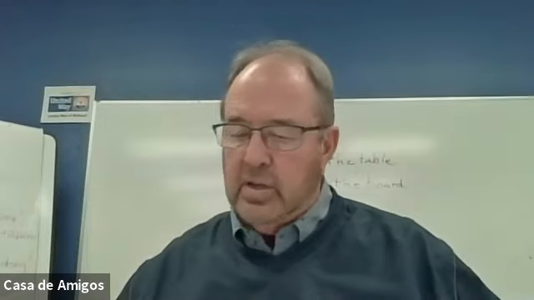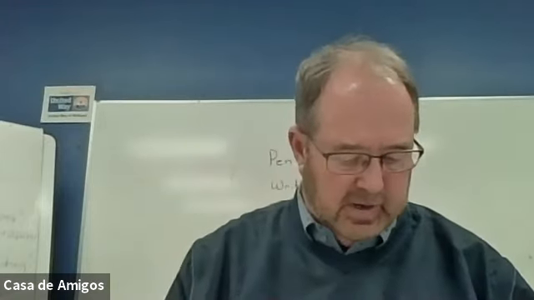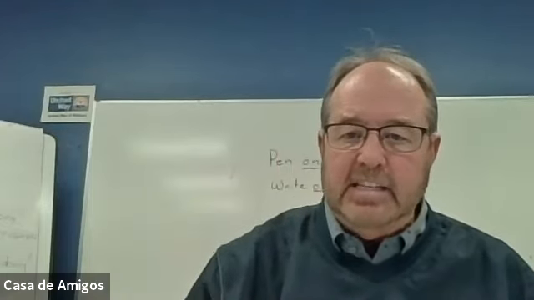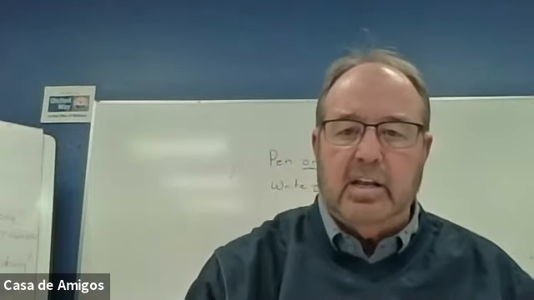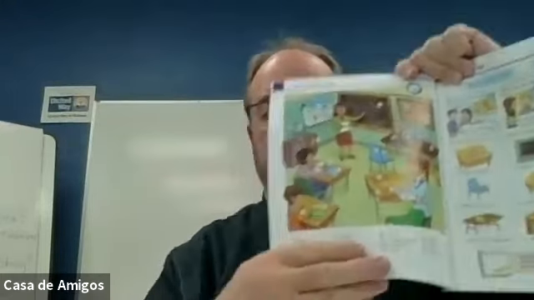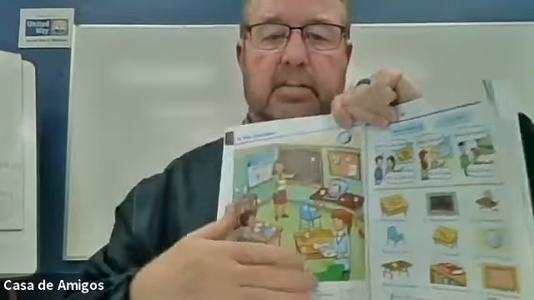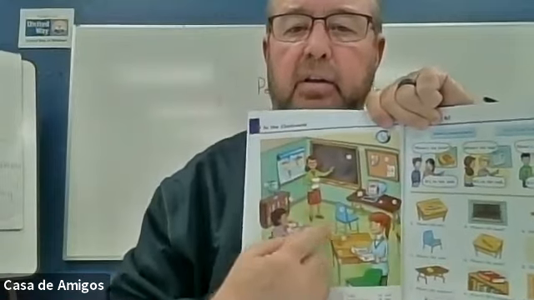So let's look at that. I want you to look at page 8 and cover the stuff at the bottom. Okay, and see if you can name all the different parts that are here. See if you can name each one.